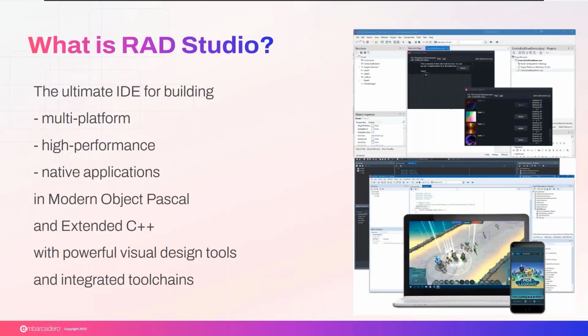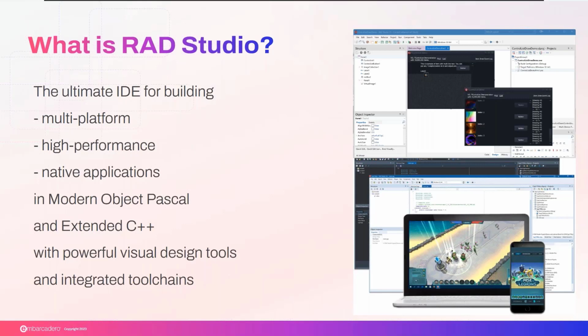A quick introduction to what RAD Studio is. The ultimate IDE for building multi-platform applications. We need to remember that we can develop not only VCL, but we can also use FireMonkey to develop for iOS, Android, macOS, Windows, and Linux, all with very high performance, and I really want to emphasize that they're native applications.